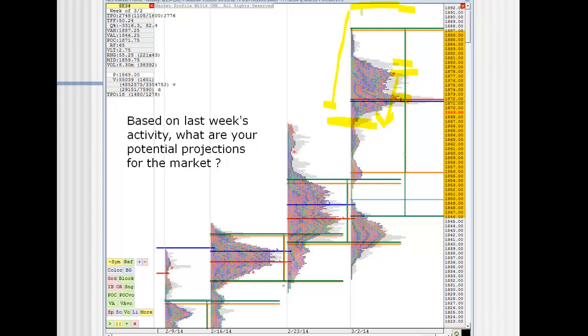I would reasonably say somewhere in the neighborhood of 35 points. It could of course be greater, it could be a little bit less, and that's just a projection. The projection is based on the average true range for the week and what might happen if the market decides to go back and retest some of the levels that were established in that prior week.